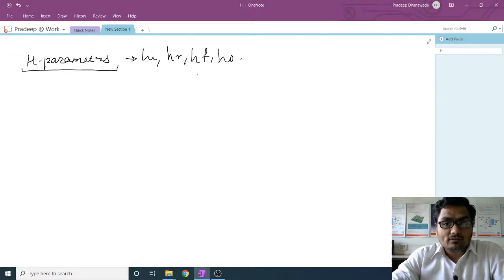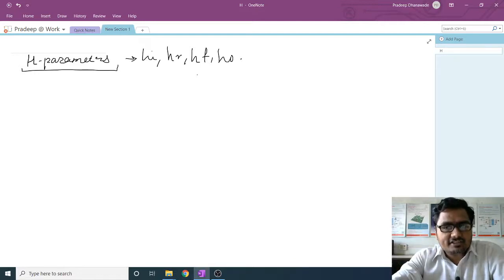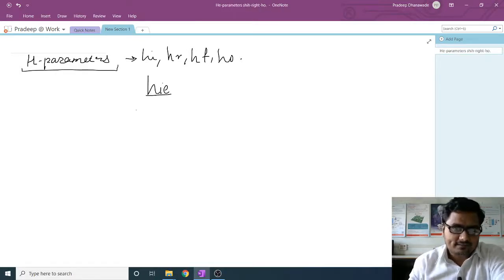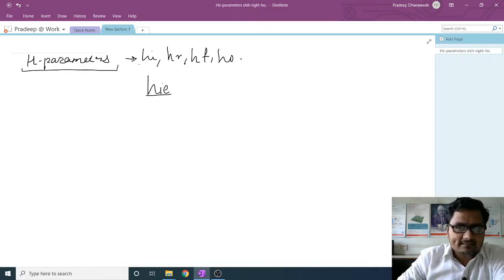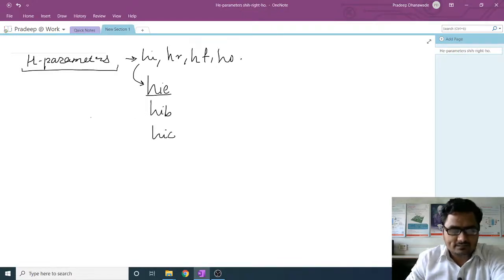Now, depending on which configuration we are using, the H parameters will change. If we are using common emitter, the last letter becomes E. HI will become HIE for common emitter configuration, HIB for common base configuration, and HIC for common collector configuration.